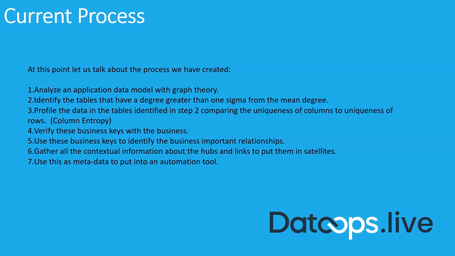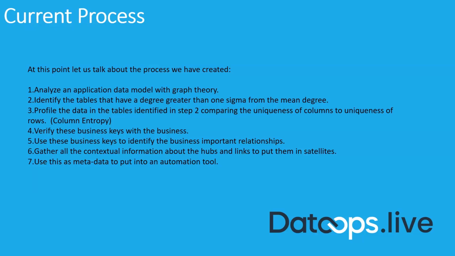But you get the column entropy for those tables that you've identified being close to the central table. And then you have a conversation with the business. That's not to say you can't talk to the business ahead of time, of course, but bringing this information from doing research as you start putting together a project, this is going to be very useful.